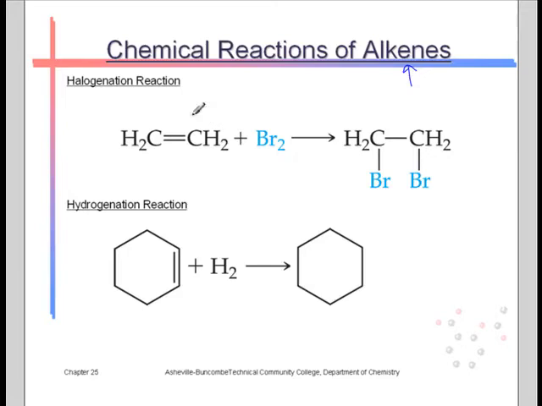It's the functional group that always gets beat up upon, if you will, in a chemical reaction or in organic chemistry. For example, the two here are both referred to as addition reactions.